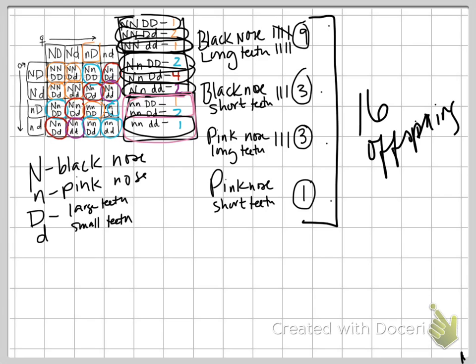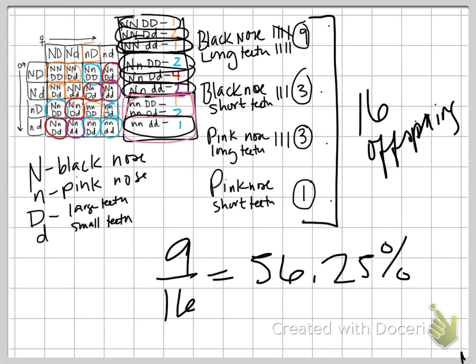What divided by 16? 9 divided by 16. So 9 divided by 16 times 100. So a little over half of the offspring you would expect to be dominant for both characteristics.